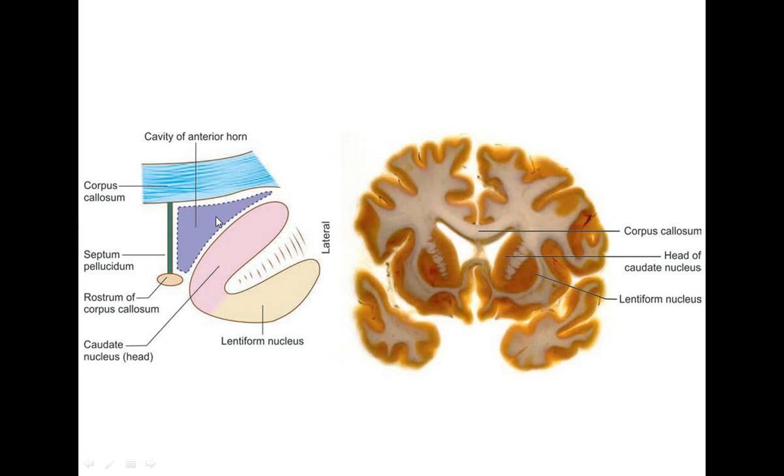In this line diagram, you can see this blue area is the cavity of the anterior horn. Here this white area is the cavity of the anterior horn. The roof is formed by the corpus callosum, and medially the floor is formed by the rostrum of the corpus callosum.